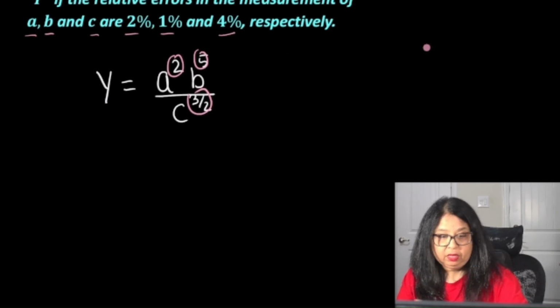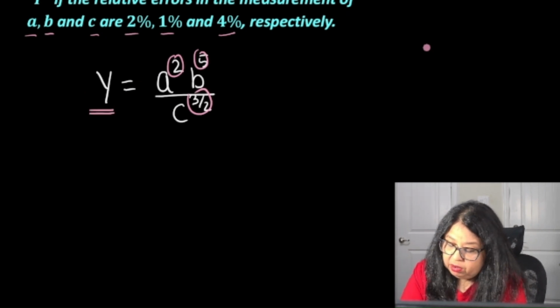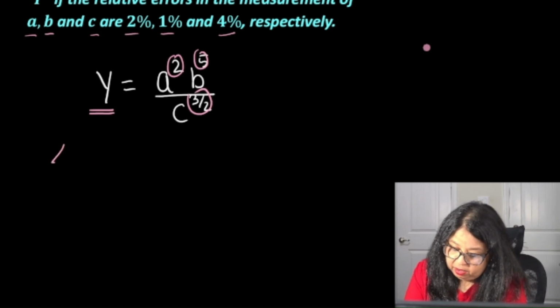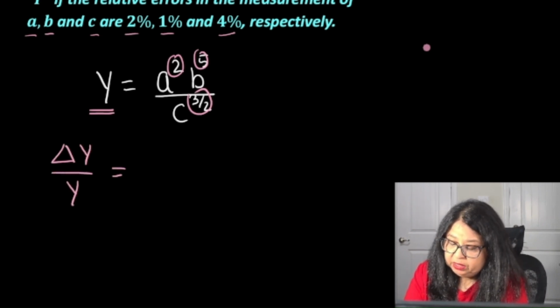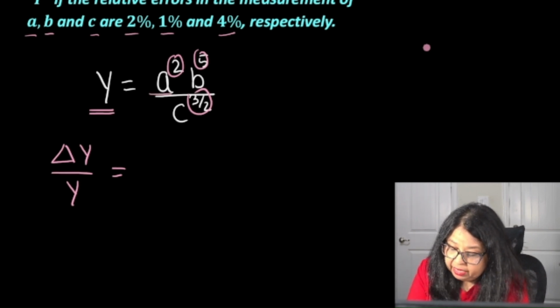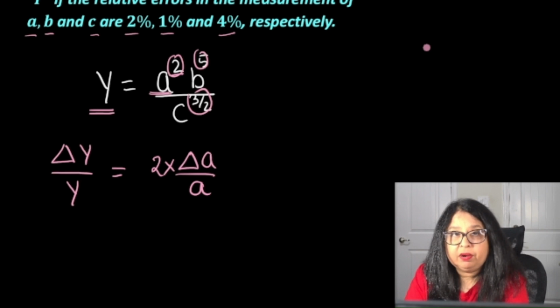How? This is how. The relative error in y is delta y over y. That is going to be the relative error in A, delta A over A, but this power of A becomes the coefficient of this relative error.